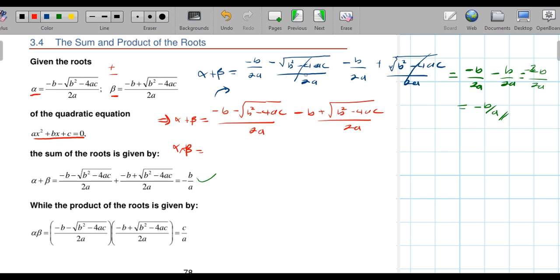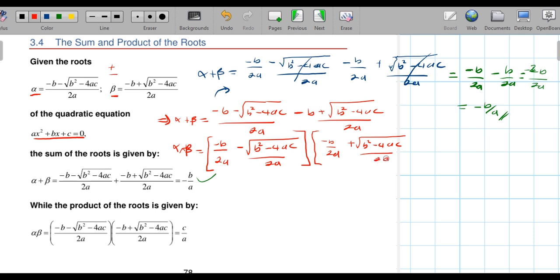We've split this, so let's just use it from where we split it. We are going to have minus b over 2a minus square root of b squared minus 4ac over 2a, multiplying minus b over 2a plus square root of b squared minus 4ac over 2a.